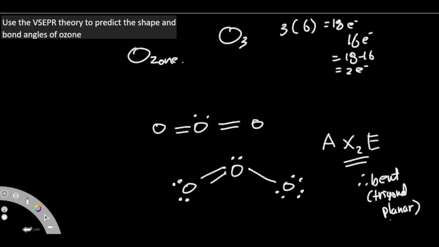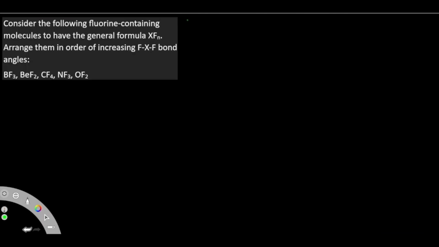Let's try 3 questions on your own. This is your question, right? The green question of the day for you to do on your own. So consider the following fluorine-containing molecules to have the general formula XF, subscript n, so this is the number in question. Arrange them in order of increasing FXF bond angles.